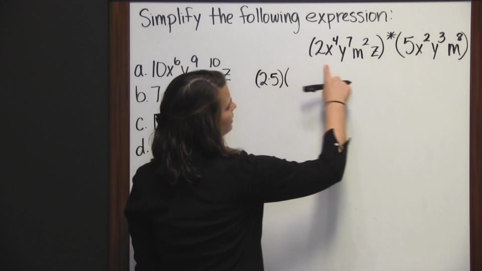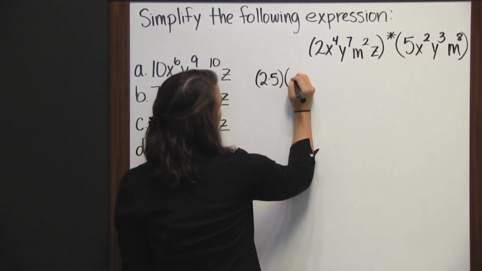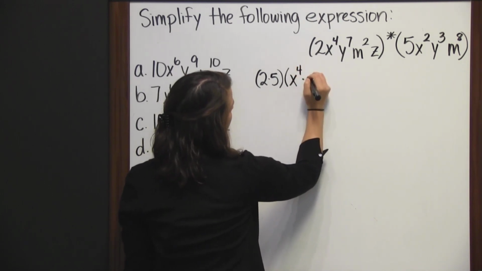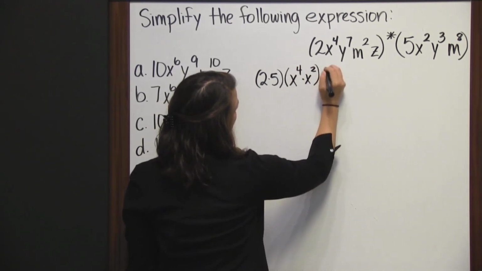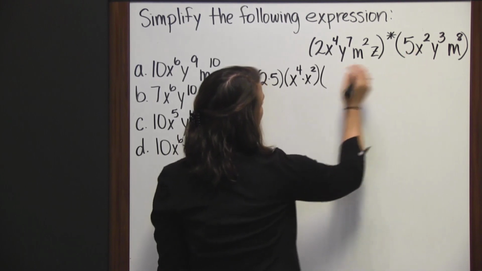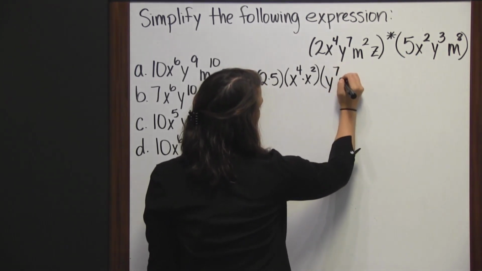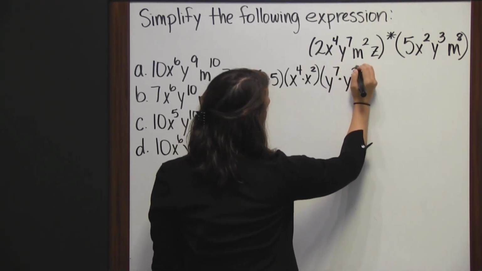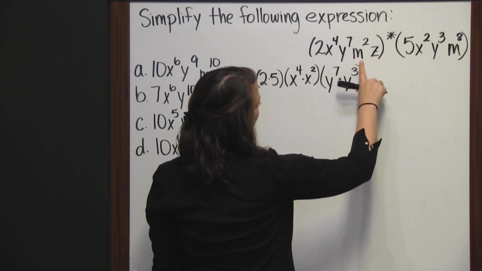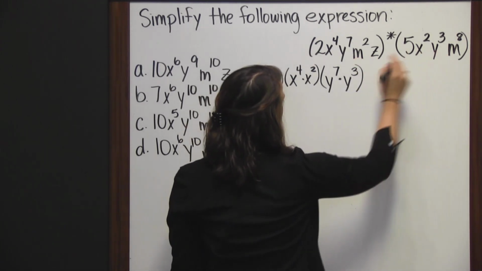And then I've got this x to the 4th times the x squared. And then we have y to the 7th times y cubed. And then we have m squared times m to the 8th.